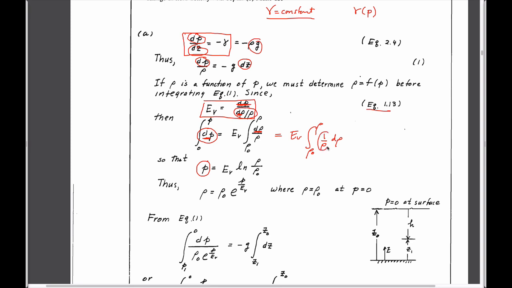So the integral of this is just the log, and substituting the limits gives us log of density minus the log of density 0, which is of course the same as the log of the ratio of those two. So this is just the result of this integral that comes out of it.